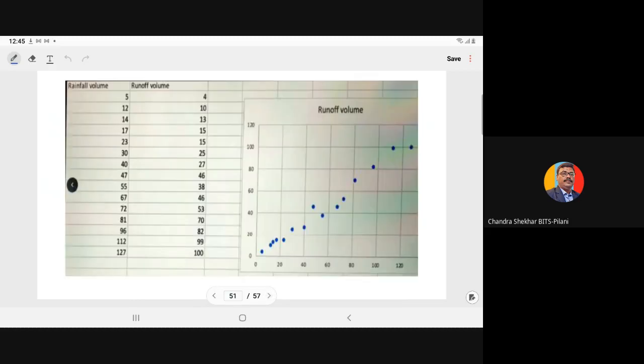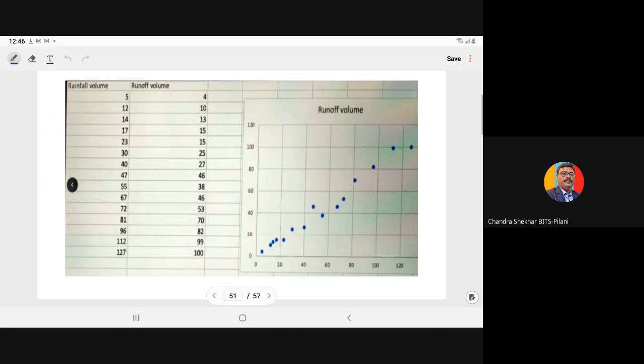Now, in question number 3, we have the following data: rainfall and runoff volume. Rainfall is in volume, and runoff is how much goes to the river or the sea or the ocean, and the difference is absorbed by the earth.